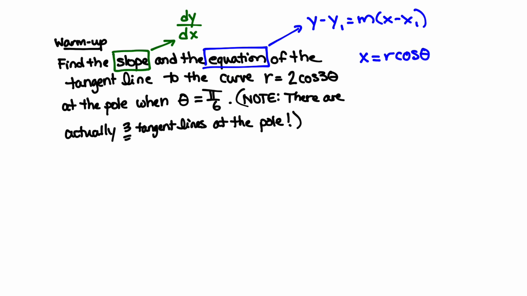So if we're going to x's and y's, we have to be mindful of our conversion factors. x is r cosine theta, y is r sine theta. So if we get dy dx, we take dy d theta over dx d theta, then replace r with what the curve is, and then take the derivative. And I'm looking to see if you match me.